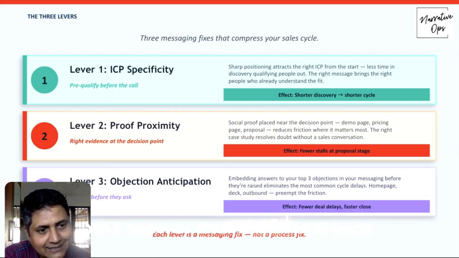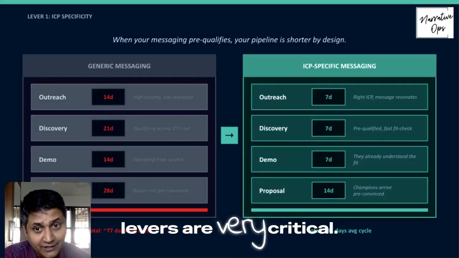You answer the most common objections well in advance so that there will be fewer deal delays and a faster close. Each of these levers is a messaging fix. It's not a process fix if you look closely at it. If you fix your messaging using these three levers, it will compress your sales cycle, the velocity will go up and you will end up being a winner. That's why these three levers are very critical.